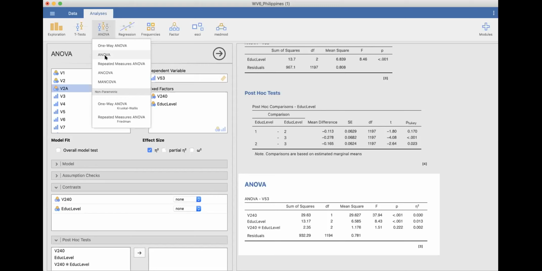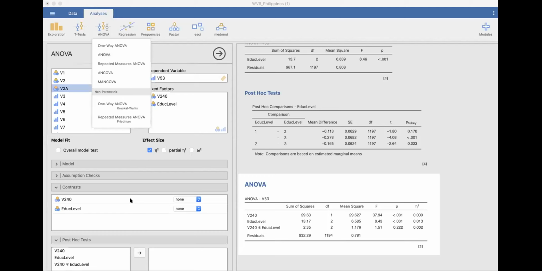So to the question of whether you still need to report the means: yes, you still need to report the means. Ma'am, I'll clarify from the chat. If we report the F ratio of education level, it's F, the first DF is 2, the residual DF is 1194, equal to 8.43.